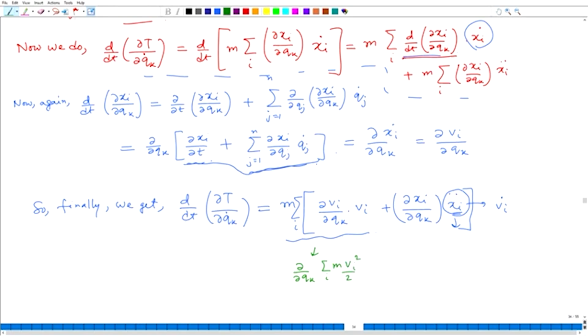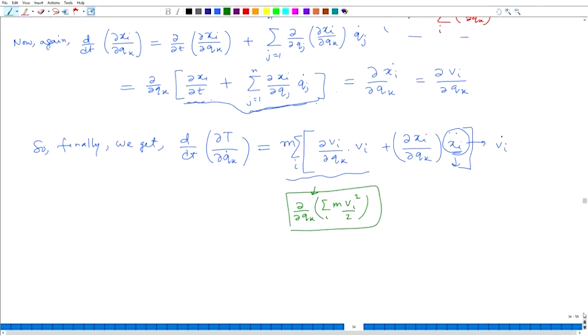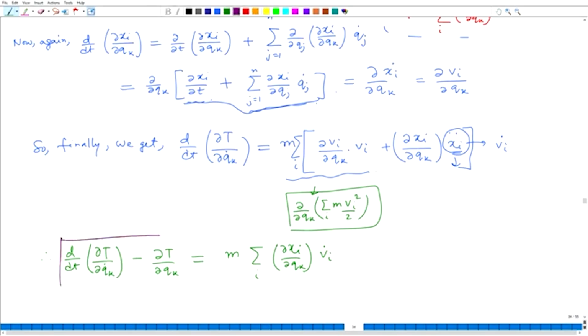So this is nothing but ∂T/∂q_k. So d/dt of ∂T/∂q_k dot minus ∂T/∂q_k is actually equal to m summation over i ∂x_i/∂q_k v_i dot. So this is an important relation at this moment.